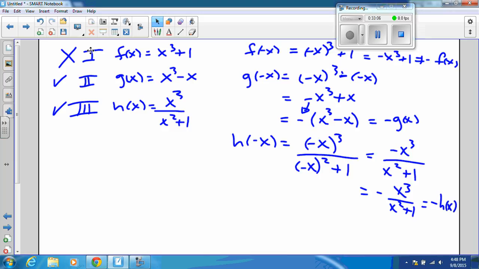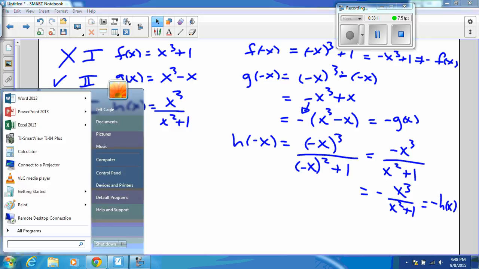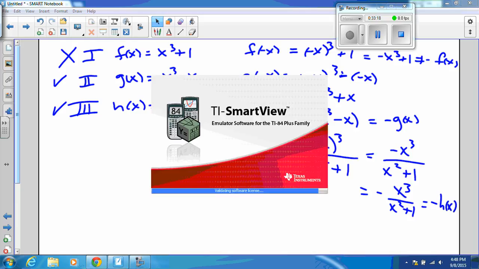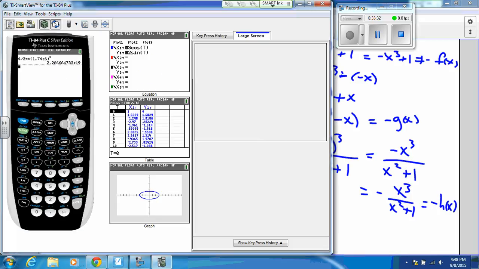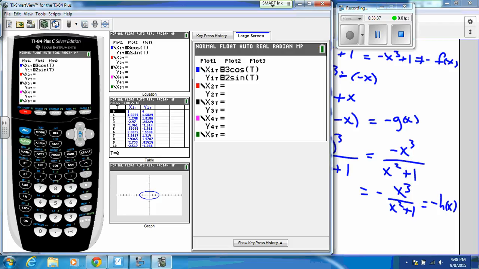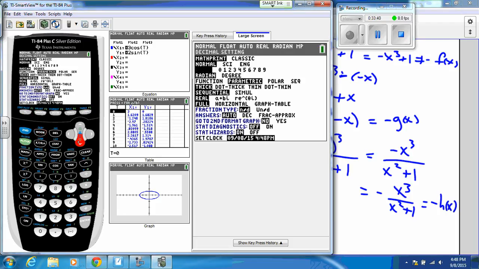Now that I have these answers, let me take a moment to check them by appealing to the calculator. If I hit y equals, make sure I'm in the right mode here.